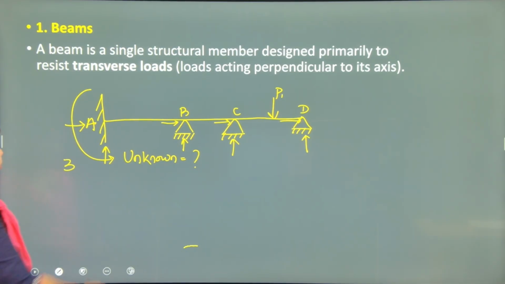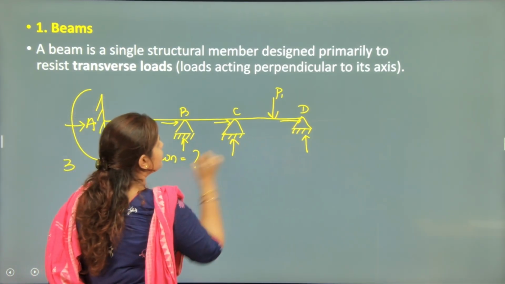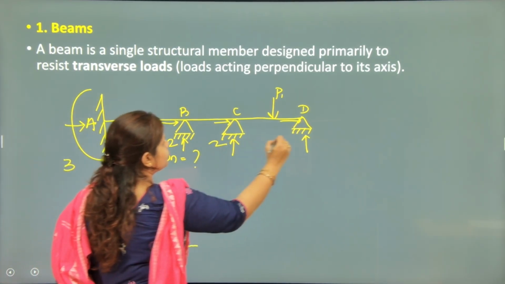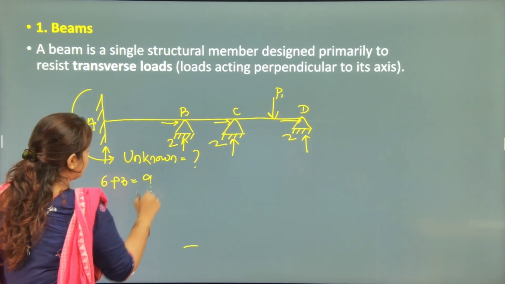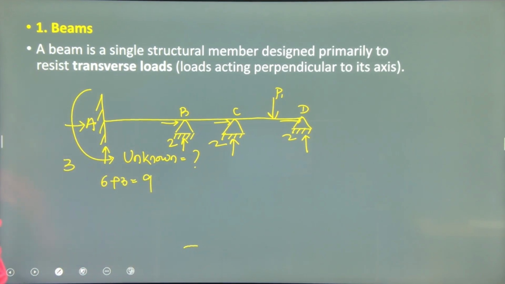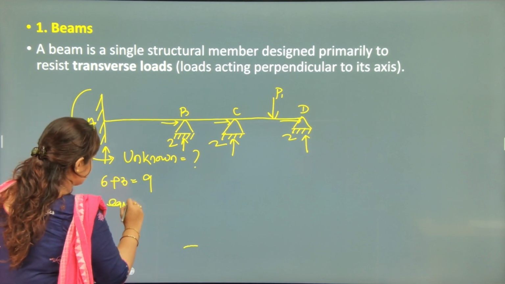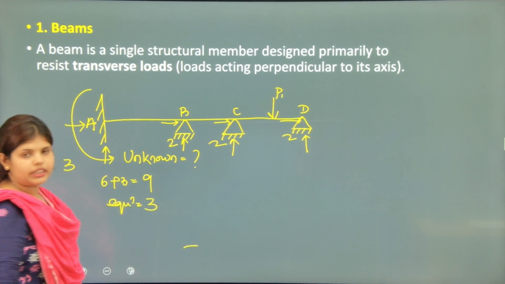So here the number of reactions is 3 and here 2, 2, 2, so 6 plus 3 is 9, but we have the equations of equilibrium equal to 3.